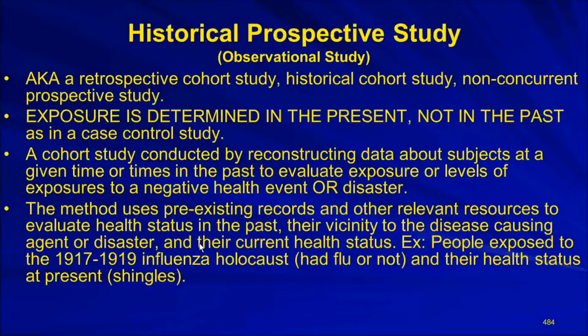And so what they did is identify the people who were involved, and then they went back to check medical records to verify that these individuals were involved in it, and then what were the health consequences in the present. Okay? And they found all kinds of things.